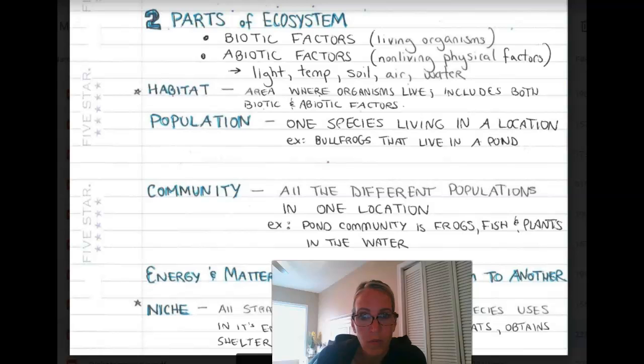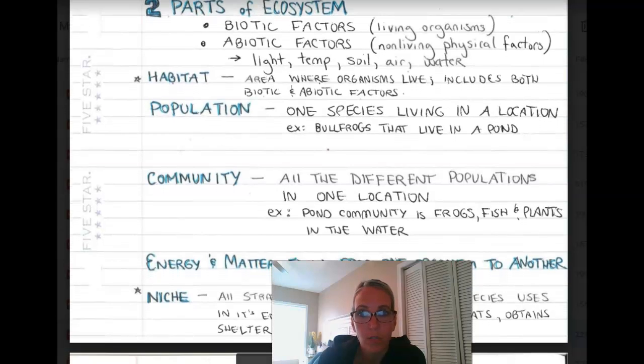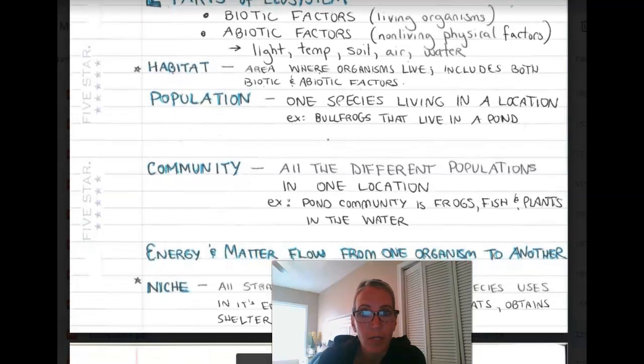So, for example, a pond community is frogs, fish, and plants in the water. So you have the habitat is where they live. Population is one species in a location. Community is many populations in one location.